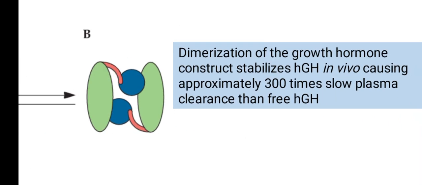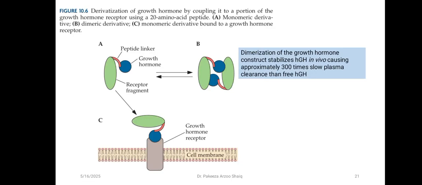When it dimerizes, that will stabilize our recombinant growth hormone in vivo, causing approximately 300 times slower plasma clearance from the kidneys than the free human growth hormone. And when it is needed, when it gets bound to the growth hormone receptor, it conveys a very similar response to what the non-recombinant or non-modified version does.